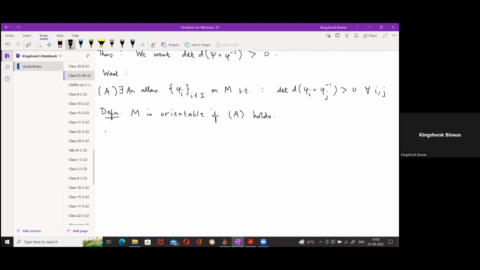That is the following, and this is really a, well, it's not purely topological, but you can give a purely topological definition of orientability even for topological manifolds, not necessarily smooth. So the topological definition of orientability is the following.